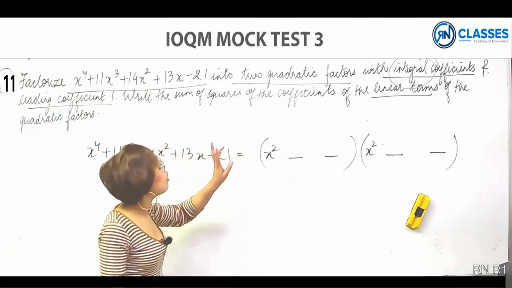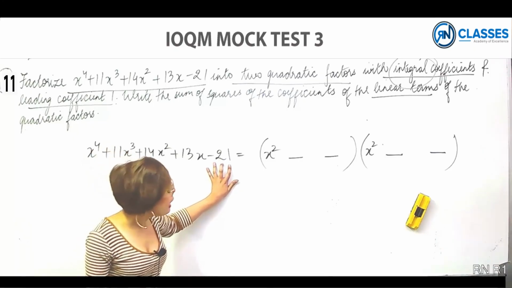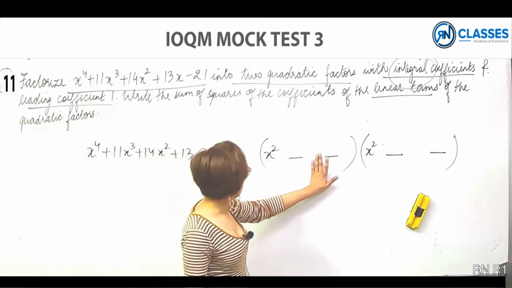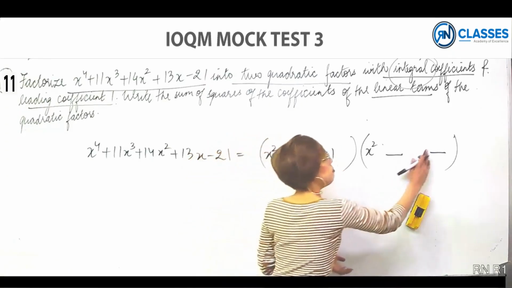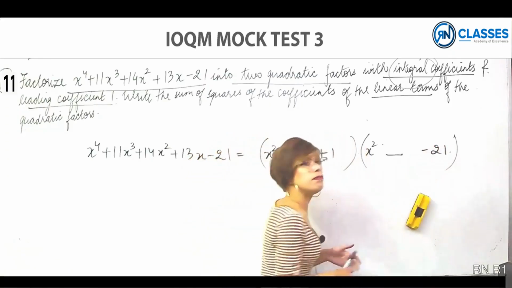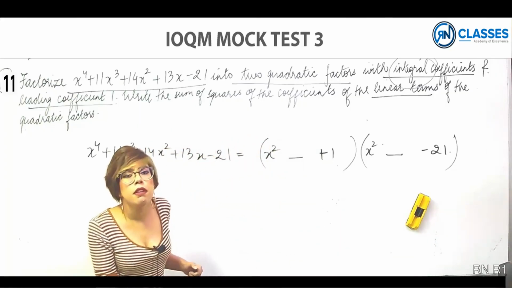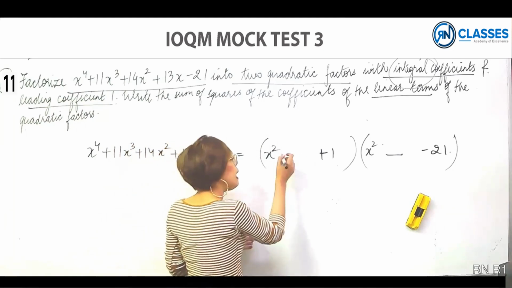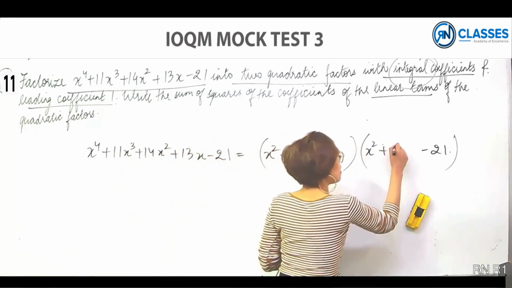I know that integral coefficients are there and the constant term is minus 21. Right? So, if the constant term is minus 21, the possibilities are: I can write plus 1 and minus 21, because I can write minus 21 as the product of 1 and minus 21. Right? So, here I can take my linear terms to be ax and bx.